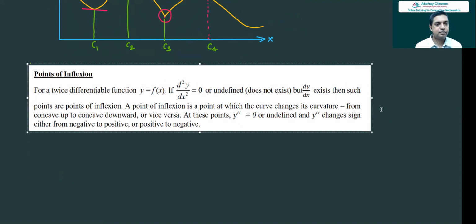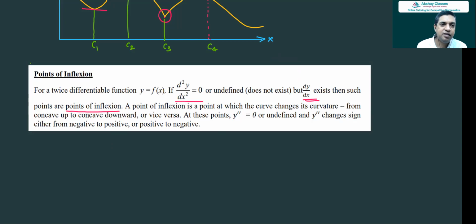So for a twice differentiable function, y equal to f of x, if the second derivative is 0 or undefined, but the first derivative exists, then such points are called the points of inflection. Second derivative is 0 or infinity, undefined. First derivative exists, then it is called the point of inflection.